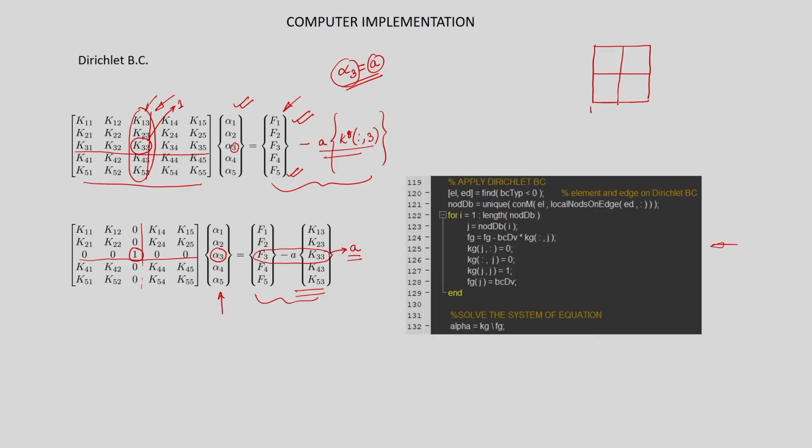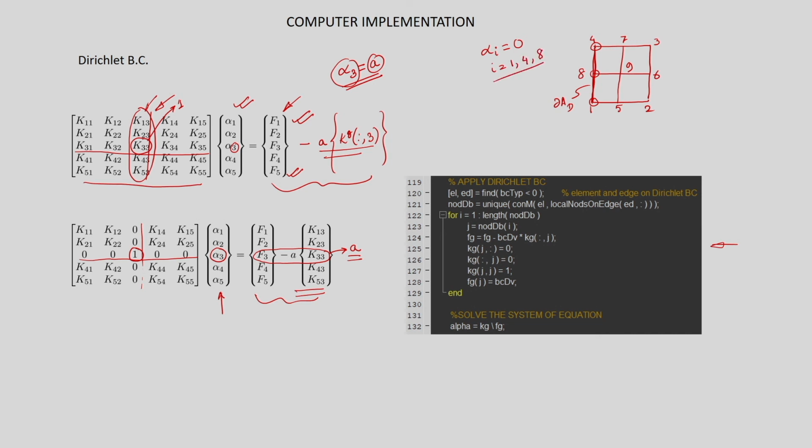In this case, if I number them 1, 2, 3, 4, 5, 6, 7, 8, 9, then for the current problem degrees of freedom 1, 8 and 4 lie on the Dirichlet boundary. So we have to ensure that alpha i is equal to 0 for i equal to 1, 4 and 8.